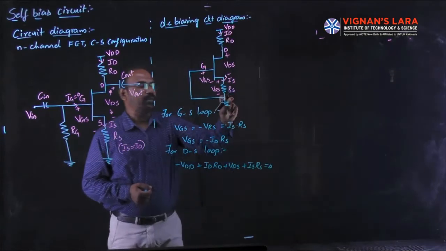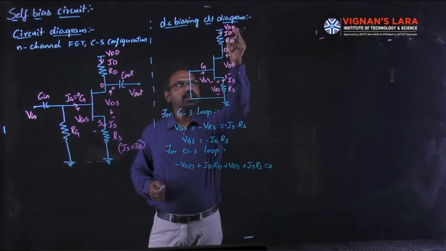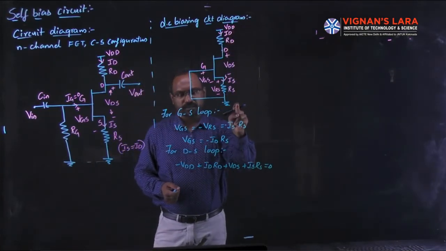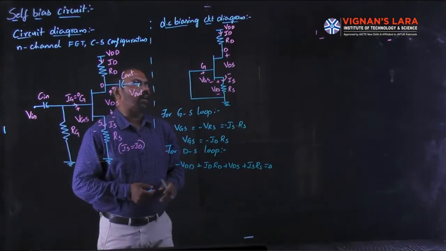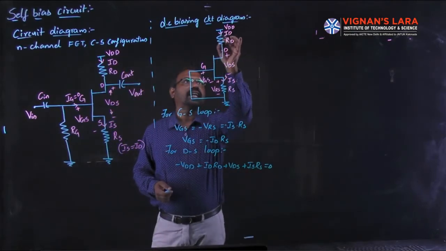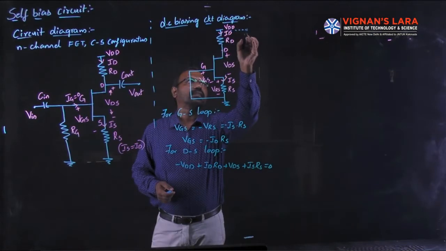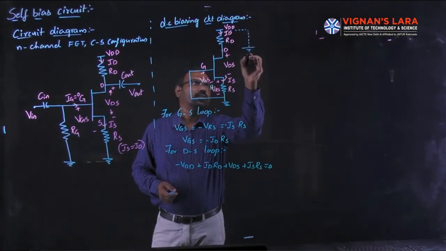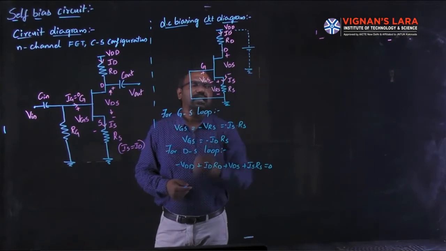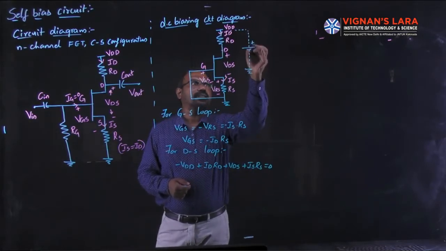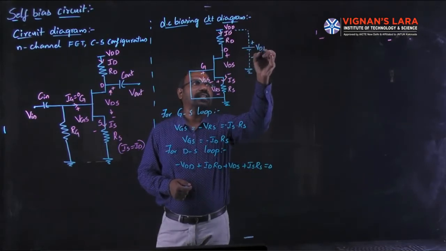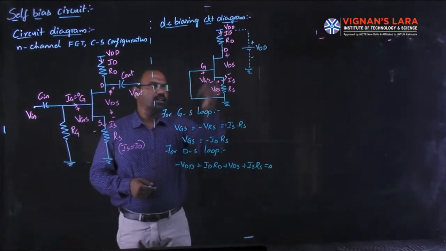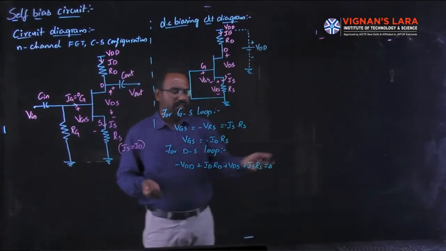The drain to source loop means you have to follow from here, right? Because this VDD you can write like this. I am representing with a dotted line. It will be like this. So this is plus minus VDD. So for this loop, if you apply KVL, you will get this equation.